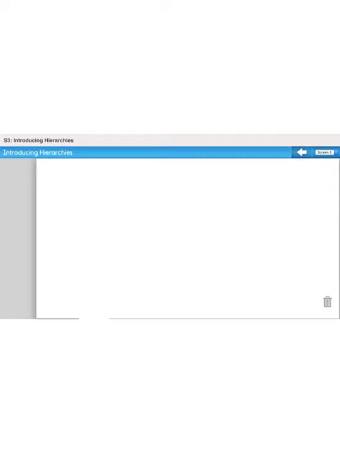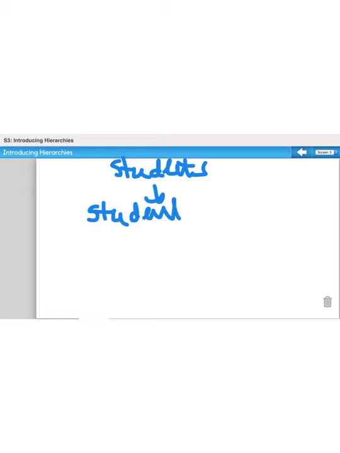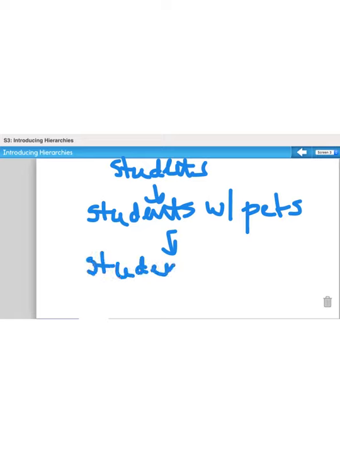We could do a hierarchy of students in my class, and then we could have said students who have pets. So they're still students in my class, but they have pets. So we'll say students with pets. Then another subcategory is students in my class who have pets that have a dog.